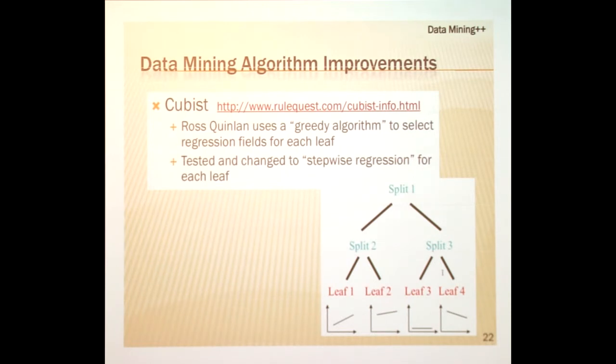In this case, I have 4 leaves, so I'd have 4 different training sets to train 4 different regressions. Quinlan was using a greedy algorithm as opposed to what's normal in a standard stepwise regression algorithm. We compared his greedy algorithm versus a standard stepwise, and we ended up going with the standard stepwise because it validated much better, and it's also something that other people have found much better. We were licensing Ross Quinlan's code for that particular algorithm.